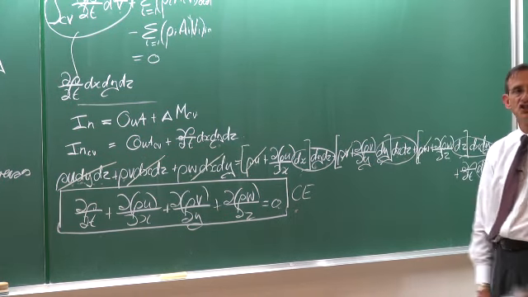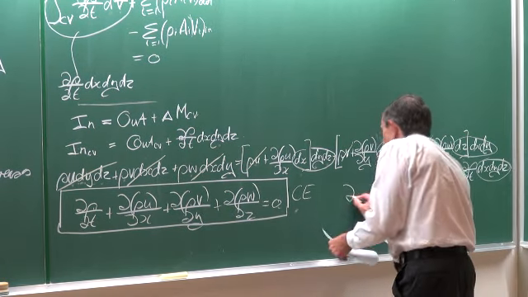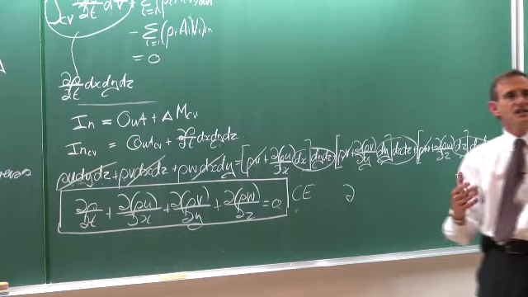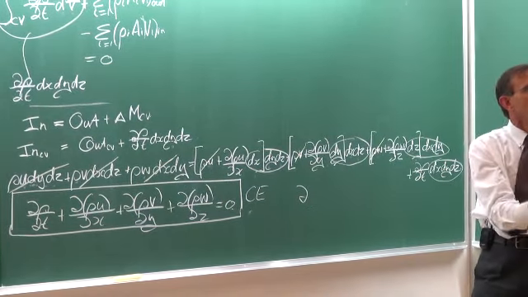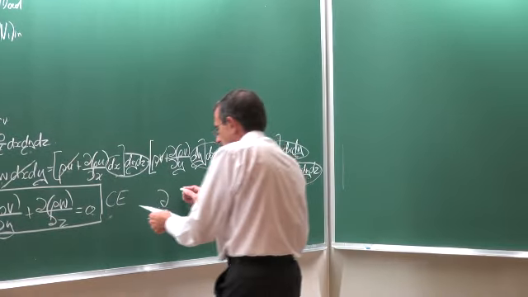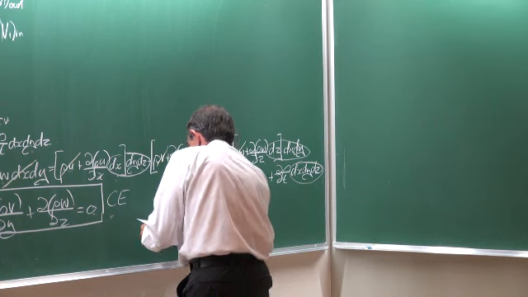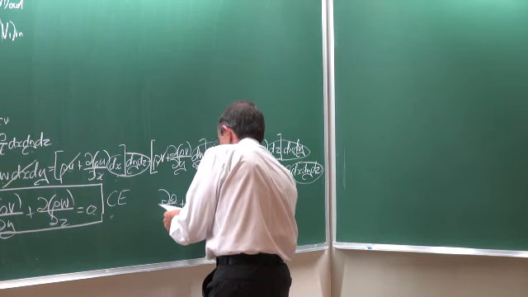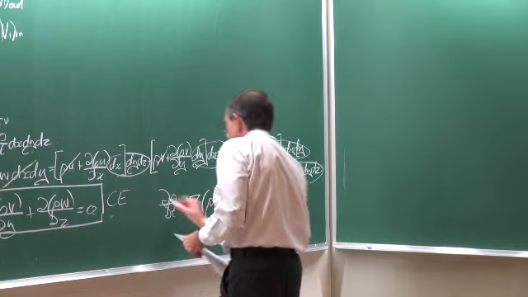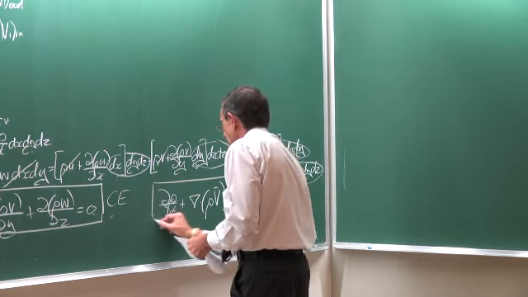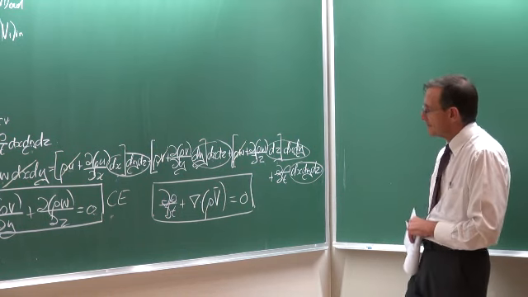There are different ways in which you can write it in a more compact form. You've done it in mathematics. One would typically be to write it as partial d rho dt plus the divergence of rho v is equal to 0. So that is the other format in which this equation can be written.